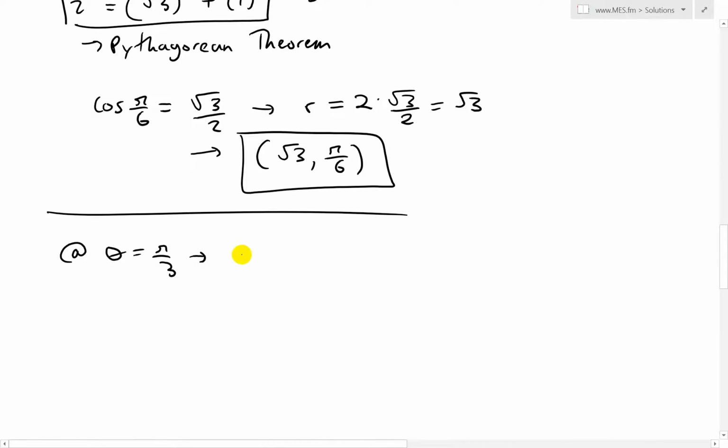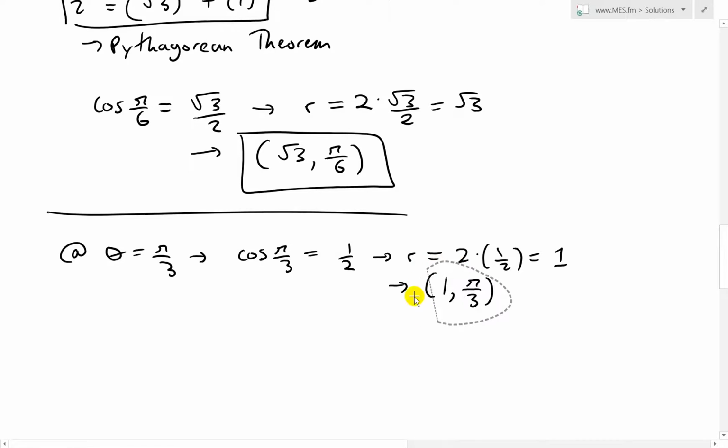So cosine pi over 3 equals 1 over 2. This means that r, which equals 2 times cosine pi over 3, is 2 times 1 over 2, the 2 cancels, that just equals 1. So we have the point 1 and pi over 3, like that. So we have another point.